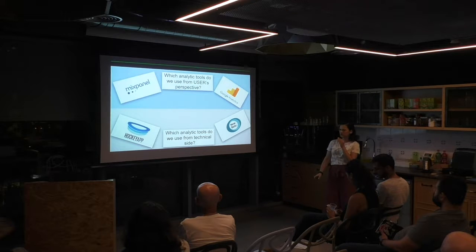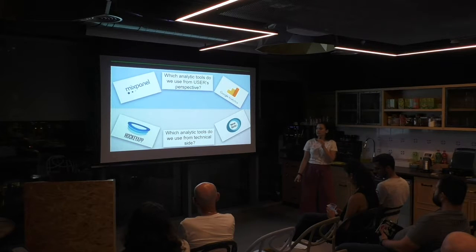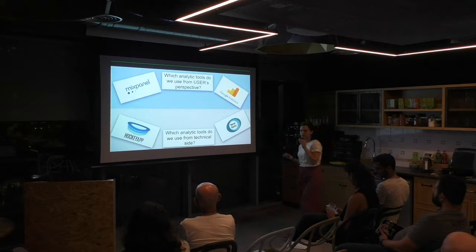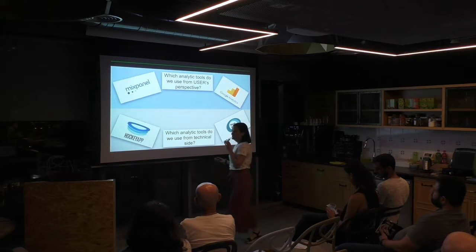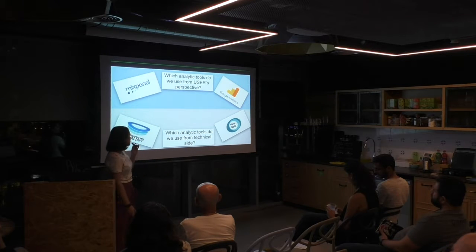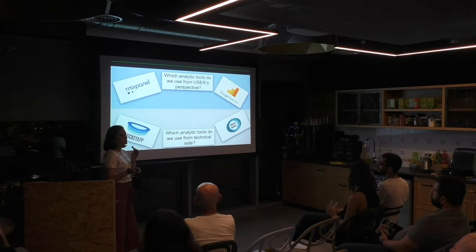And the second part is the more technical side. It's regarding some crashes or some network errors, which we can gather and see, and which can help our developers, for example, to fix bugs even without steps to reproduce or feedback from our users.